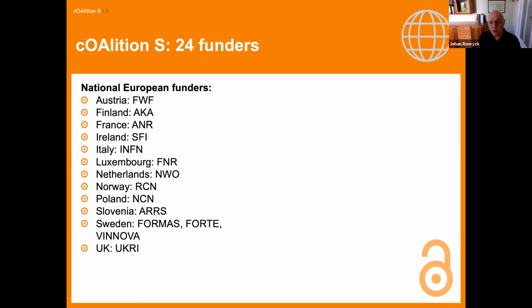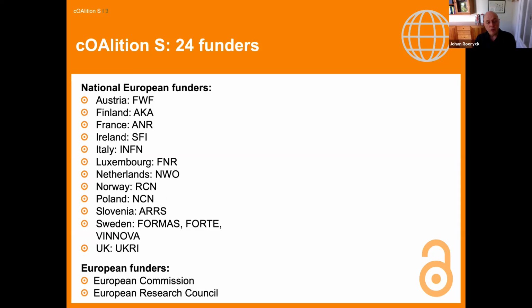Coalition S currently consists of 24 funders, among whom there are a lot of national European funders from Austria to the United Kingdom. Of course, the most important European funders in terms of numbers of grants and money involved are the European Commission and the European Research Council.